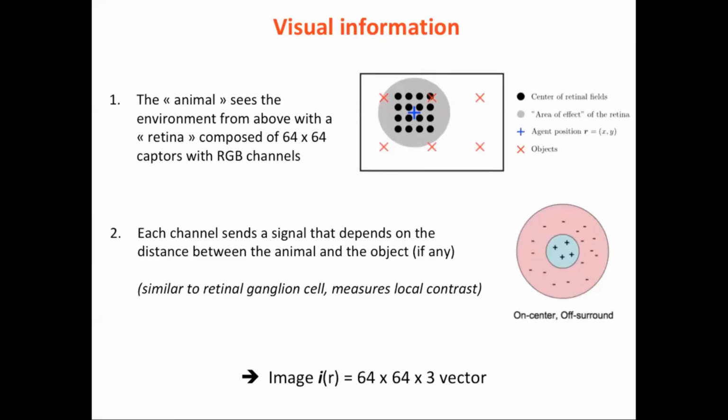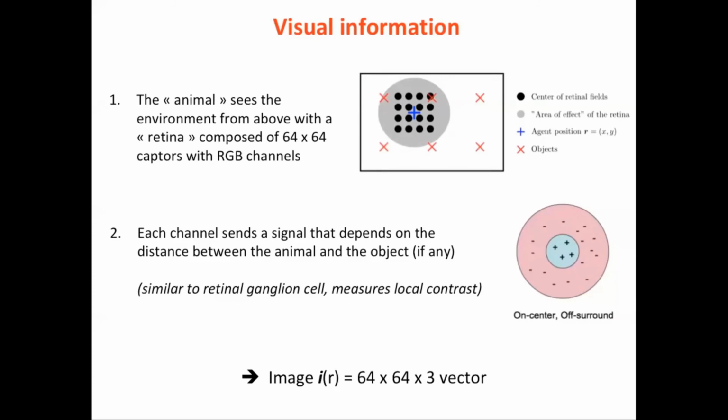The retina here is a set of 64 by 64 captors with 3 color channels. And as the animal is moving in the environment, the position of its retina is moving with the animal, obviously. So it will see the same set of objects, but with different relative intensities depending on how they are centered with respect to the retina.